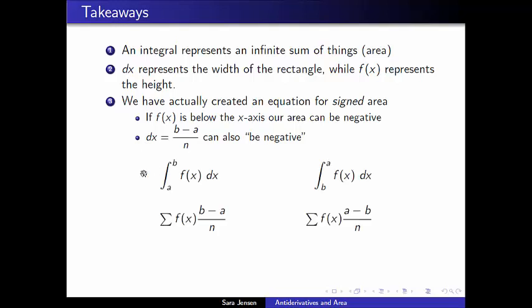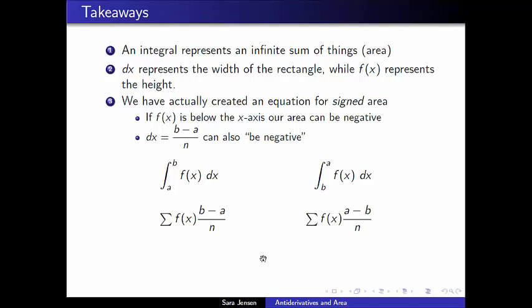What's kind of interesting about that is that if we consider the definite integral of the function f of x from a to b versus the definite integral of f of x from b to a, what each of those things would mean, according to the definition on our previous slide, is that this integral would translate to some sort of limit of sums, that part's not important here, of integrand f of x times b minus a over n, while this expression over here would evaluate to some sort of limit of sums of the function f of x times the quantity a minus b over n.